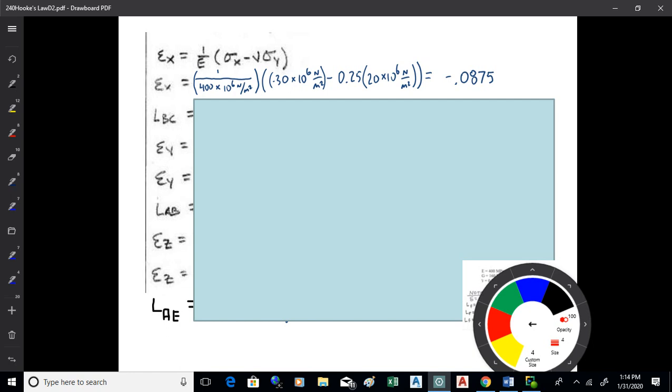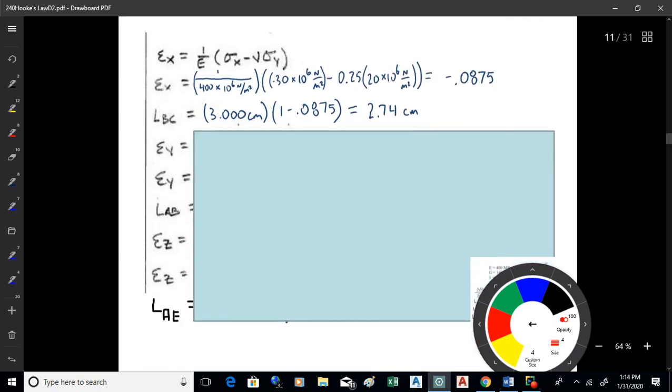So if that thing is going to get 8.75% shorter, that means the final length is 91.25% of the original. The way I get that 91.25 is I'm going 1 minus the strain. So basically I'm taking 100% for the full length minus the 8.75%.